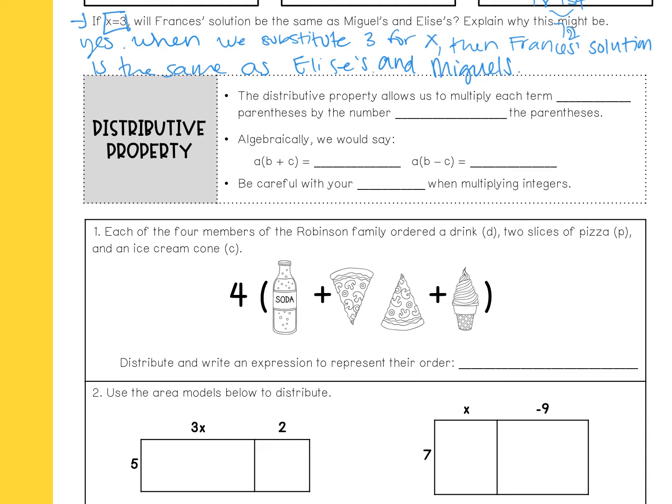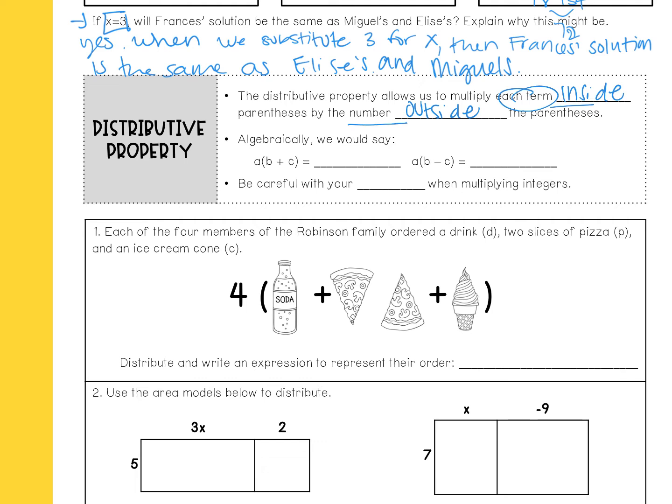So our distributive property. The distributive property allows us to multiply each term inside parentheses by the number outside the parentheses. So algebraically, we would say that A times B plus C is the same as, well, our notes said that we have to multiply each term inside by the number outside.